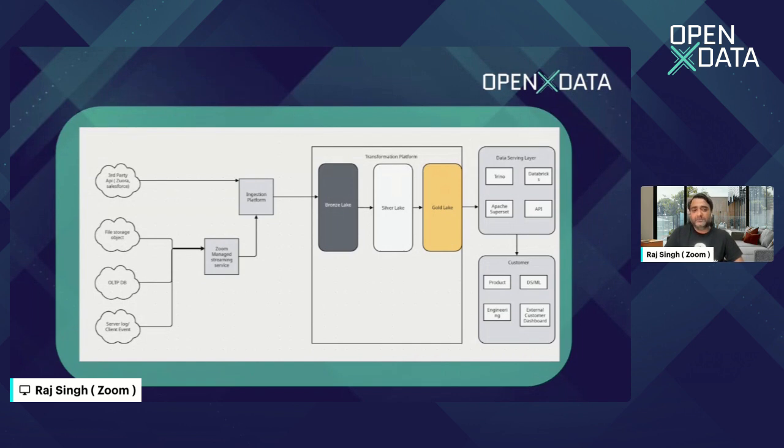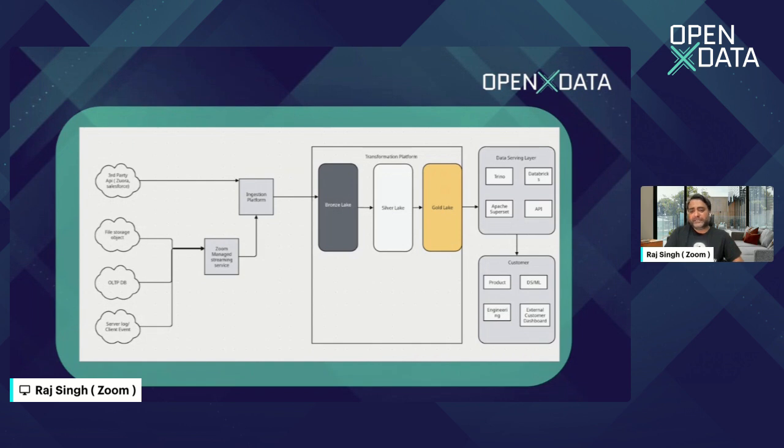I will go deeper on this transformation platform because this is exactly our lakehouse architecture, where we are doing the magic. And then we have a data serving layer. Our total use case is based on our customers, so mostly product teams, DSML teams, and engineering teams are our customers.